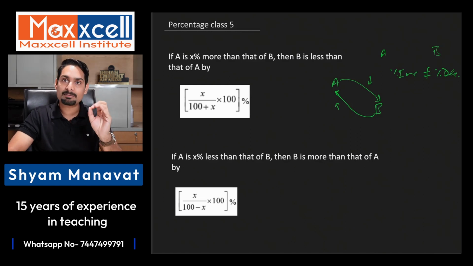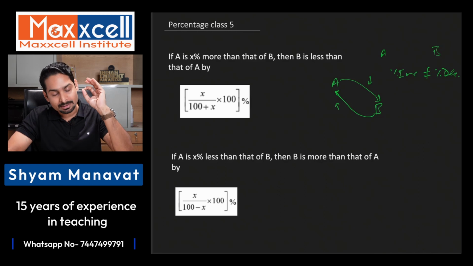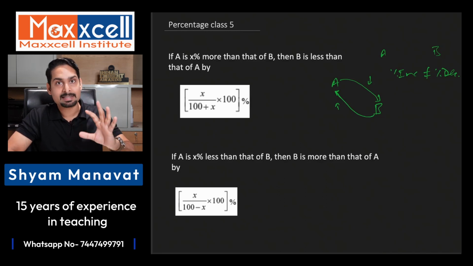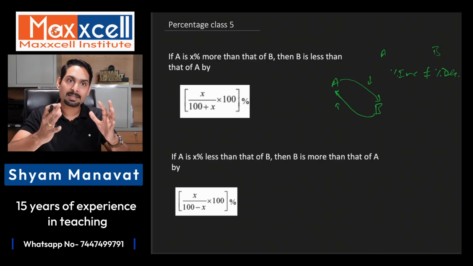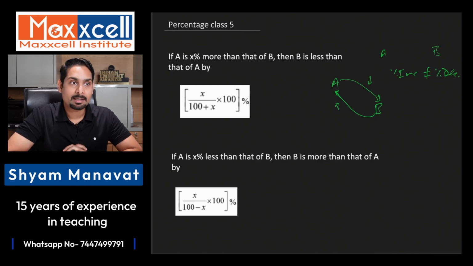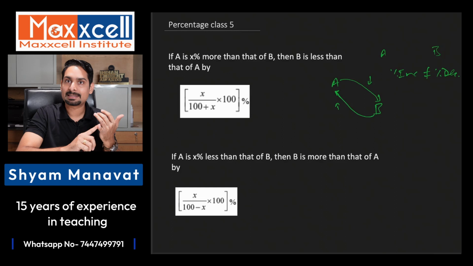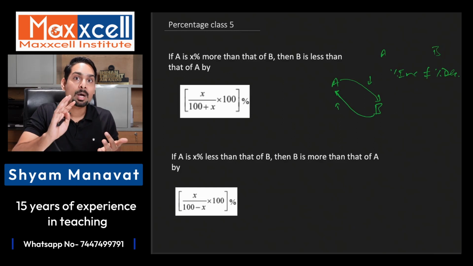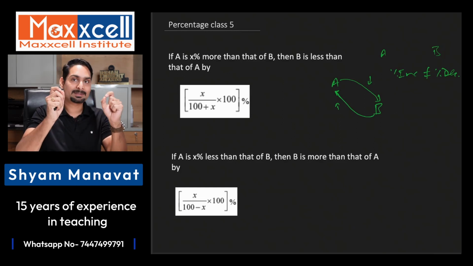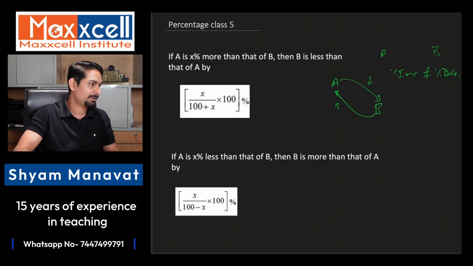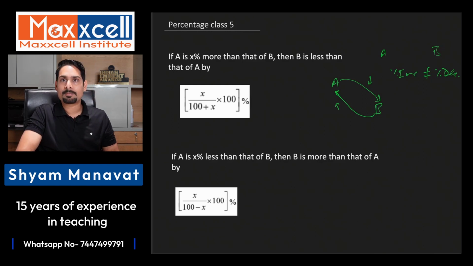But for the same set of values, we can guarantee that percentage increase and percentage decrease will not be the same. For A and B it will not be the same.